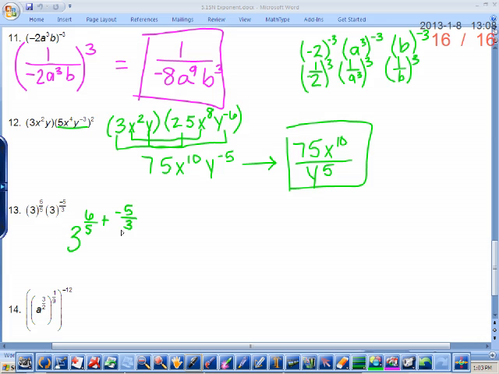In order to add these fractions, what are we going to need to do? Common denominator. What denominator should we use? 15. Okay, 15. So this is going to give us 3 raised to, I'm going to multiply this top and bottom by what? 3. So I'm going to have 18 over 15.